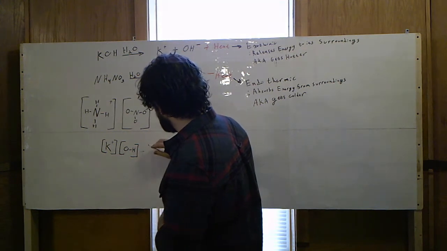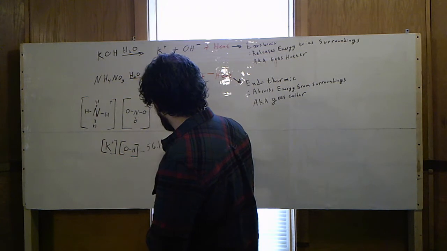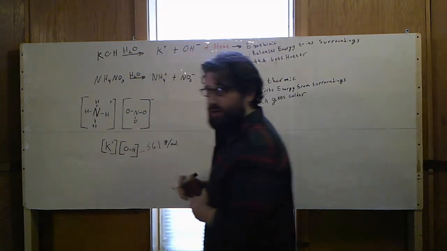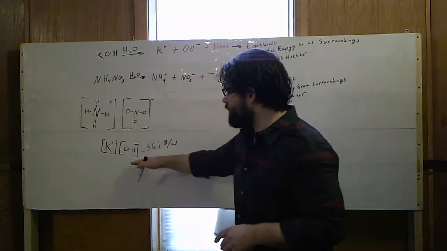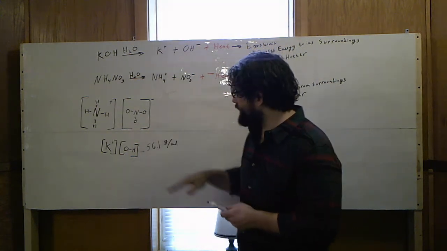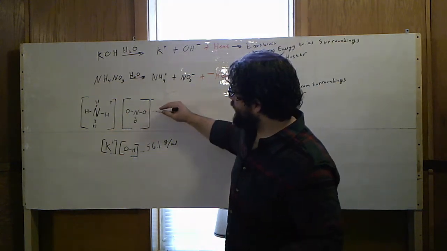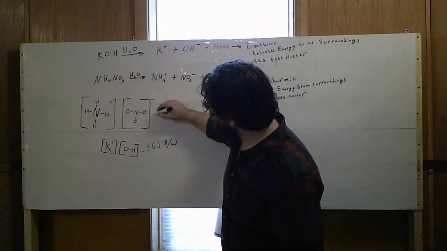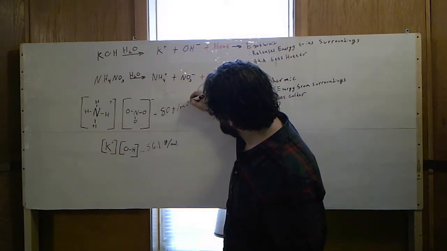This one is 56.1 grams per mole. Remember when we talked about moles? That was a massive number of these individual particles, enough that we can actually weigh these out and keep track of how many there are. The NH4NO3, that is 80 grams per mole.